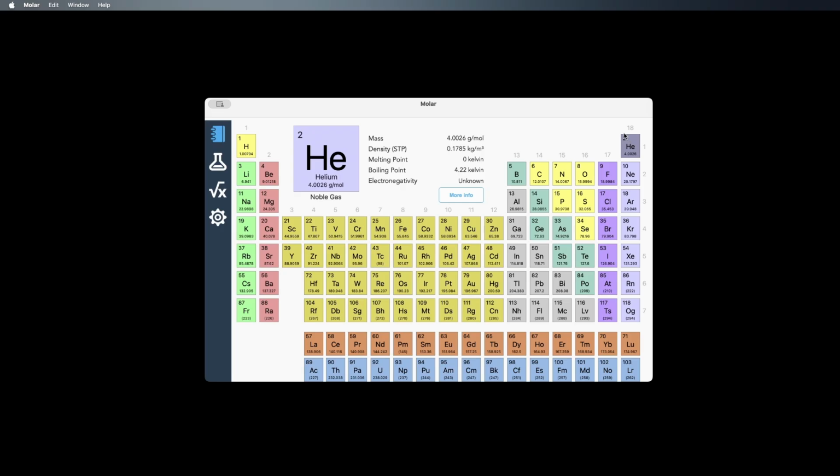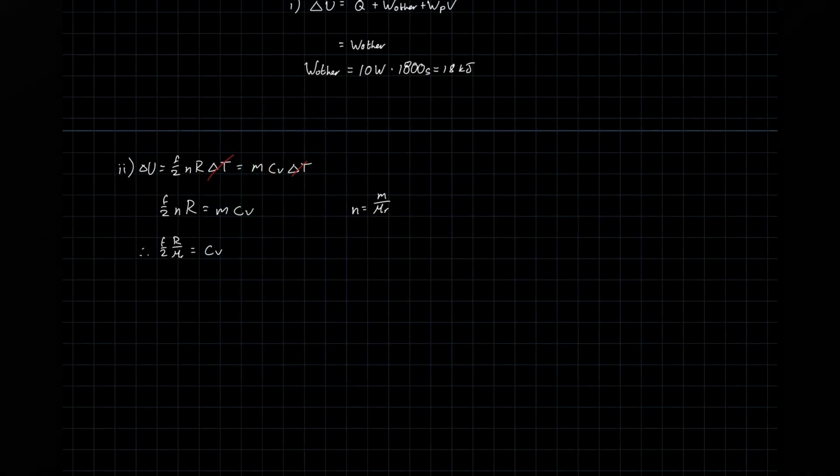And we can see here that its mass is just about 4 grams per mole. Let's go back to the worksheet here. So helium is monoatomic, which means F equals 3, and the molar mass is about 4 grams per mole. We just need to plug this in, so we get c_V.